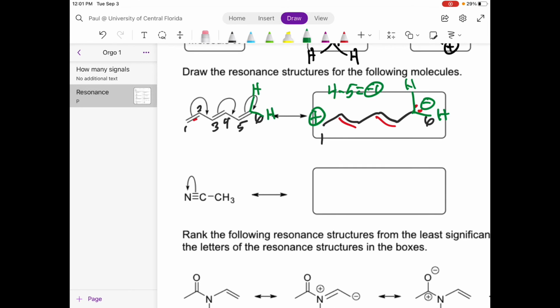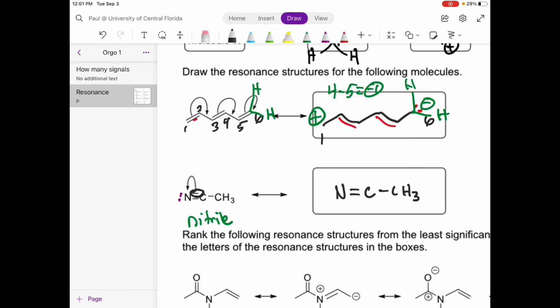Now for this nitrile, and that's called acetonitrile, we know that there's a lone pair right there. Because a nitrogen with 3 bonds, and that's neutral, has to have 1 lone pair. So now we are looking at what has happened.